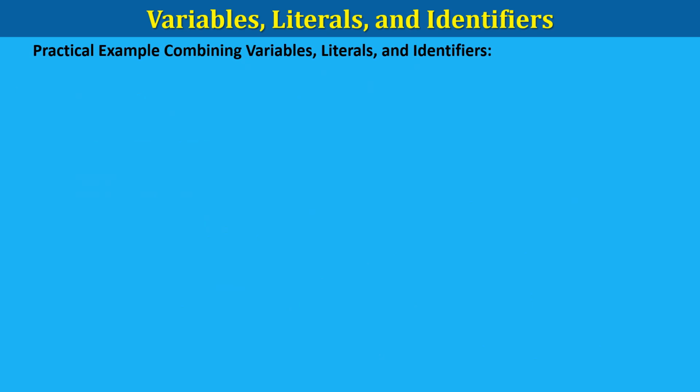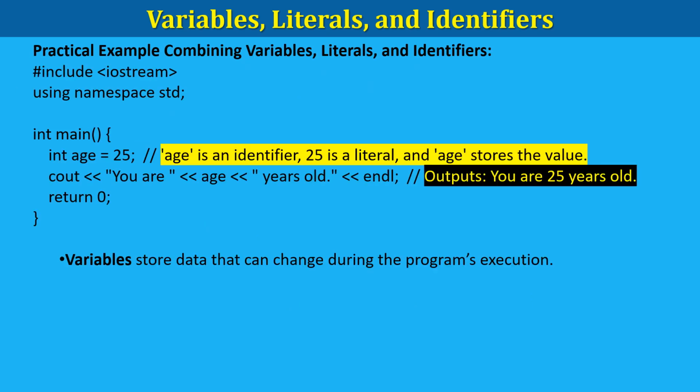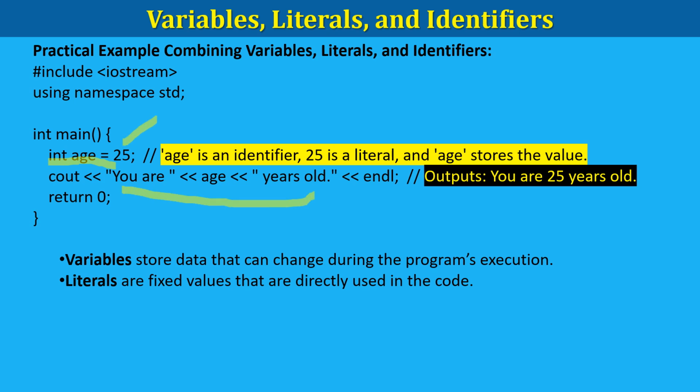Practical example combining variable, literal and identifier. Age is the identifier here, and 25 is the literal stored in the variable, and here the output "You are 25 years old" will be taken from here.